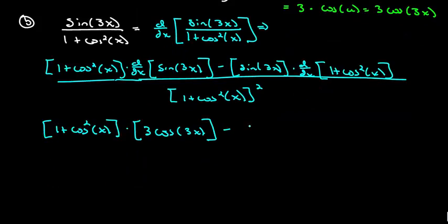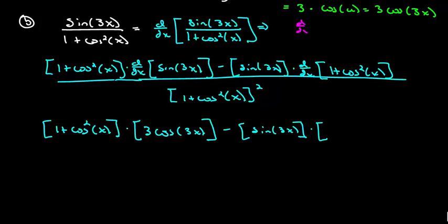So this is going to be minus now sine 3x times, now the derivative of this, derivative of 1, that's just 0. So this guy is 0. Now we need the derivative of cosine squared. Well, we can use the chain rule again.